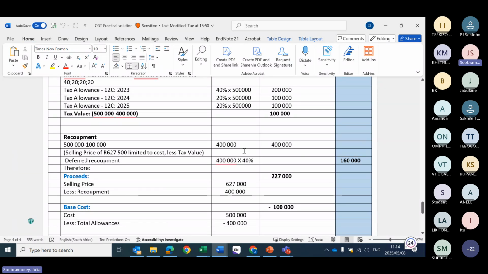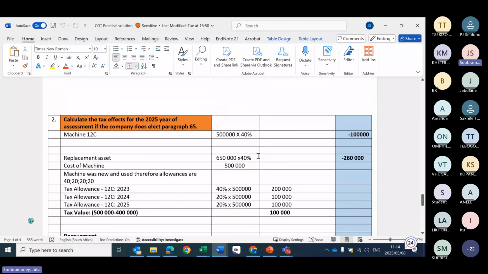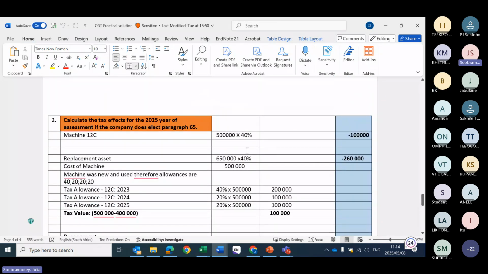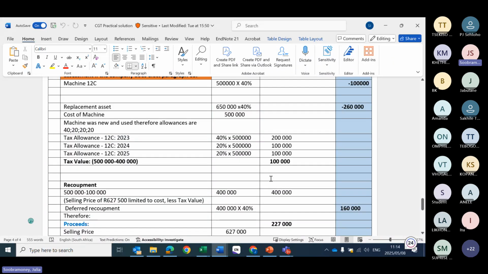Where did we get the 40%, students? From the replacement asset. Replacement asset was written off at 40%. And that is where I got it. I did not get it from machine C. I got it from the replacement machine. Please remember that. Okay? 160.